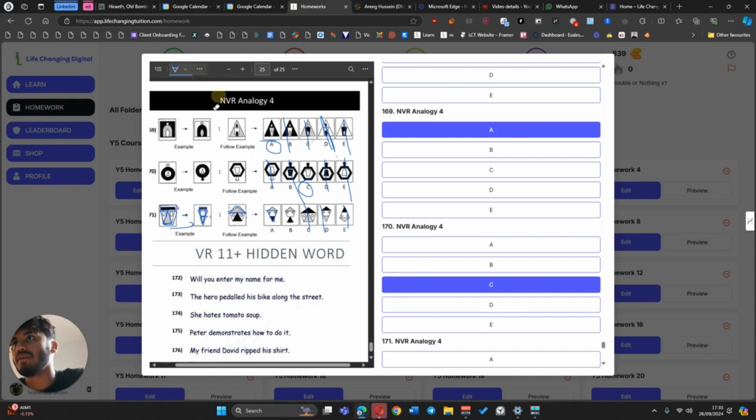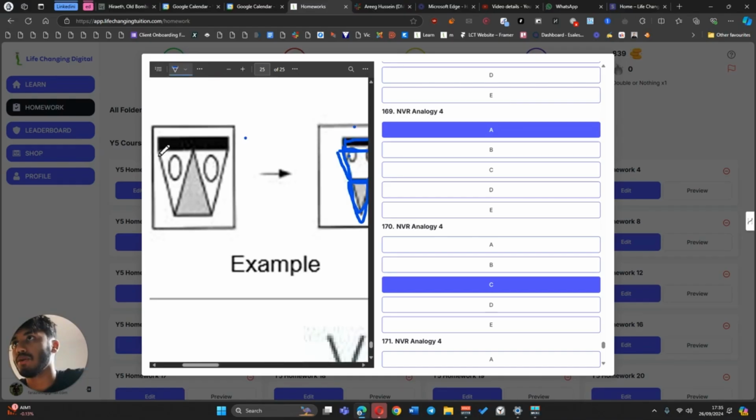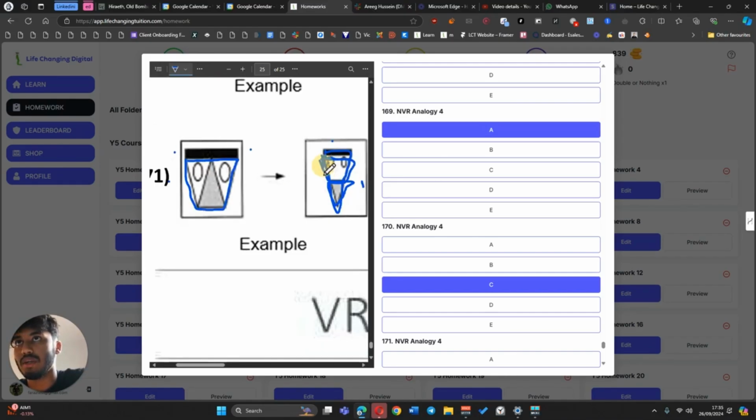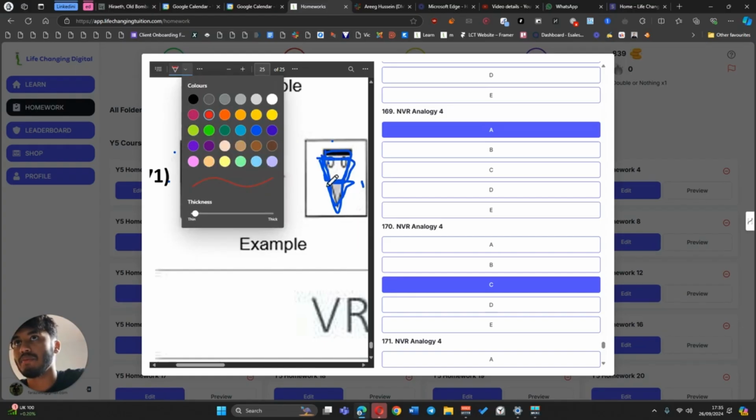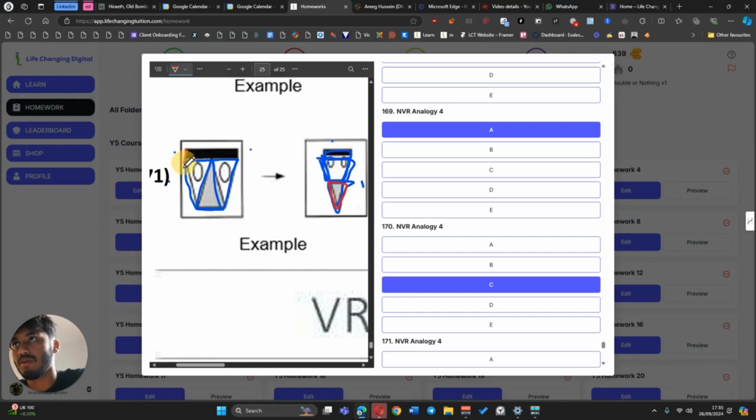So I think the best way to say it is these elements are stacked on top of each other. You've got this trapezium shape here that is basically here. You've got this triangle, which is, if I use a different color, down here, and this thing is here.